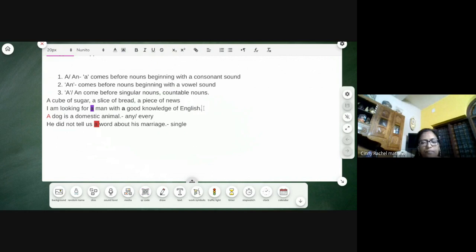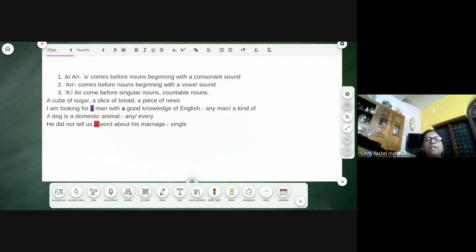A man here means any man, and the other A in the sentence means a kind of.